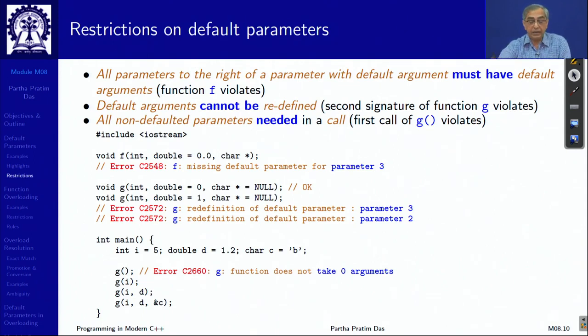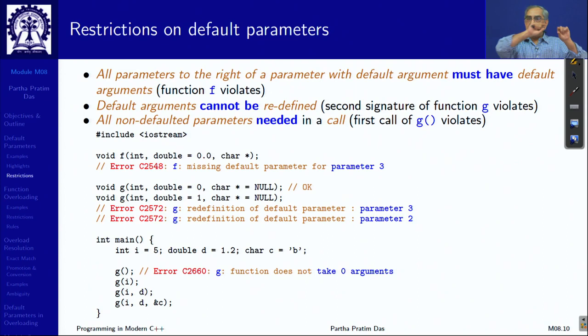Now, there are some restrictions on the default. The restriction is, since in the call we are considering the parameters from left, as soon as you default one parameter, all parameters to its right must always be defaulted. So, you have non-default parameters, then a parameter which is default, and onwards everything has to be a default parameter.